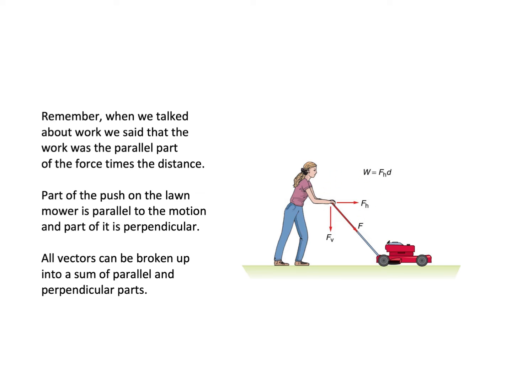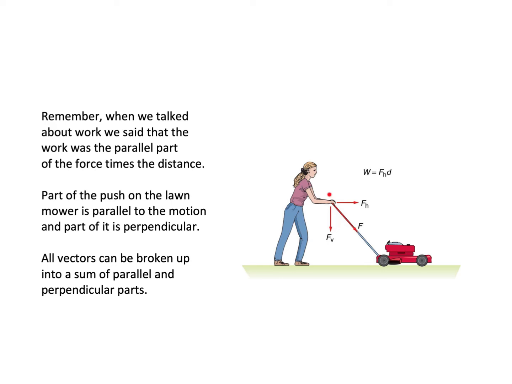Well, in this lecture, I don't actually care about work so much as the idea that a vector can have different perpendicular directions. I've got this downward force, and I can represent it as part of a horizontal vector plus part of a vertical vector. These two added together give you that total force.